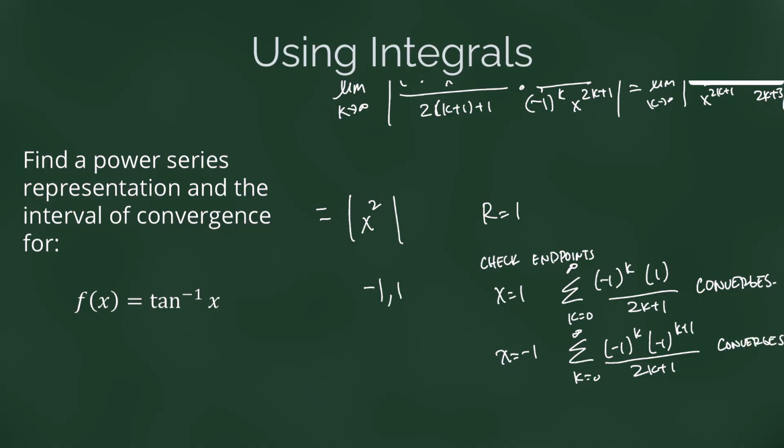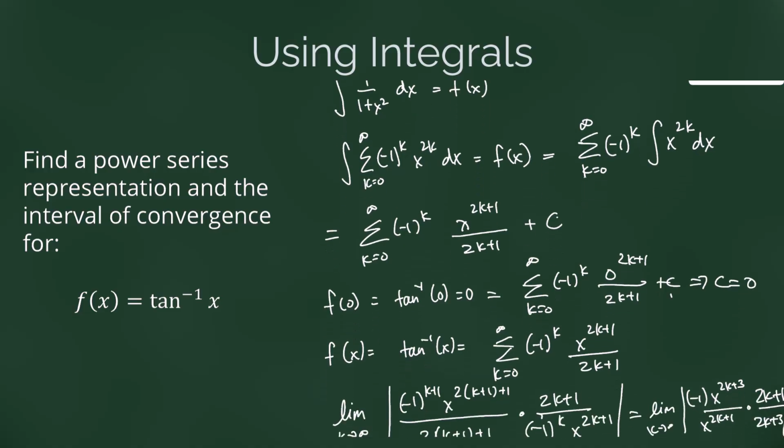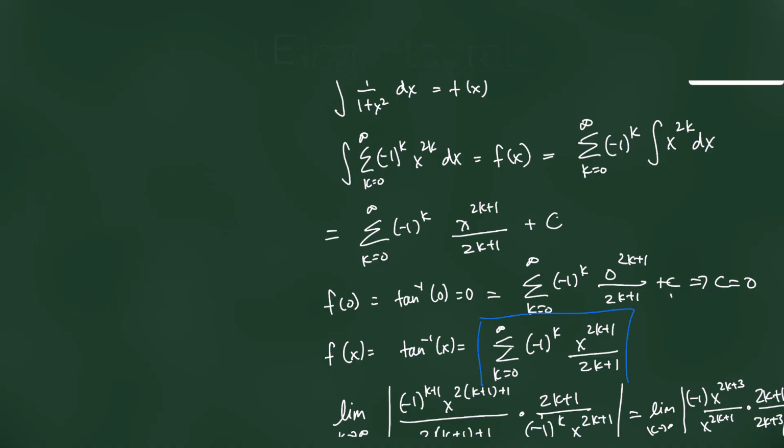So another alternating series which is going to converge. So this time we can include our endpoints on our interval of convergence. So we know that f of x is equal to the inverse tangent of x is equal to that power series over here, for all values between -1 and 1. And we're going to see a really interesting result with that in just a second.